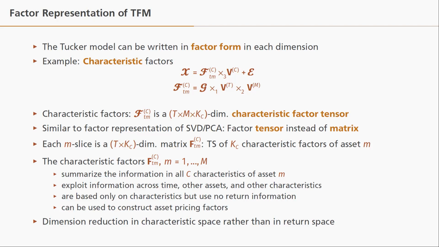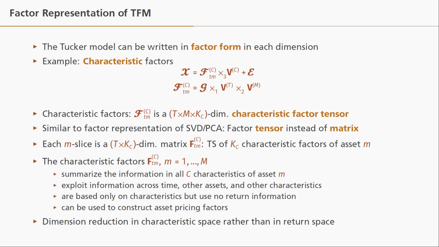Okay, so there's no return information used so far. So this is so far not asset pricing, this is asset characteristic. And these then can be used to construct asset pricing factors. So the idea is that what I've achieved now is I have reduced the dimensions, but in the characteristic space and not in the return space.